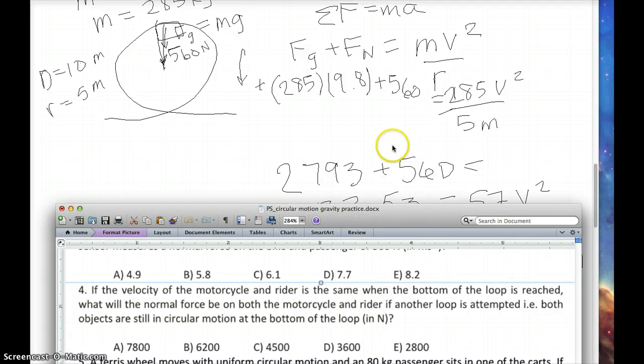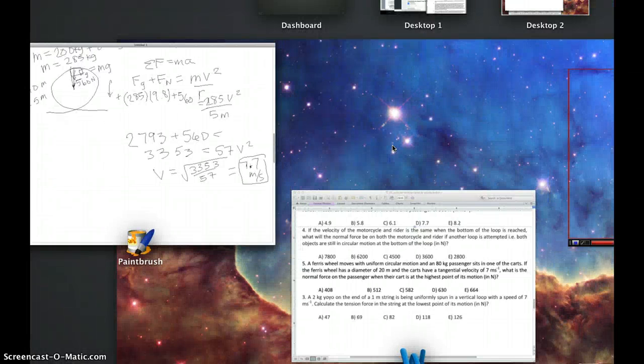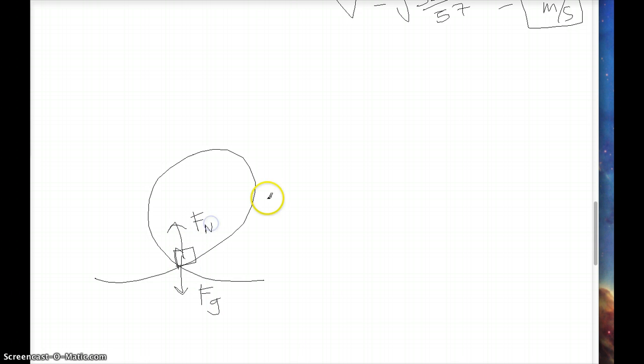Now if we were to draw the free body diagram, normal force and force of gravity are opposing each other. So if the motorcycle rider's here, force of gravity is this way, and normal force is that way.